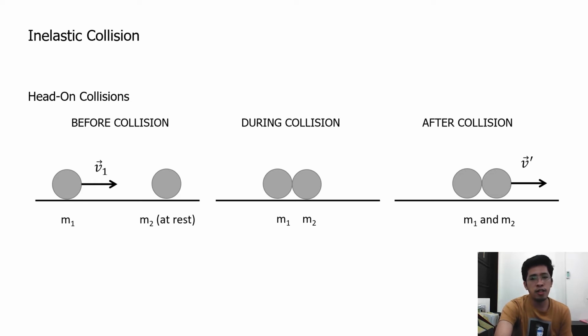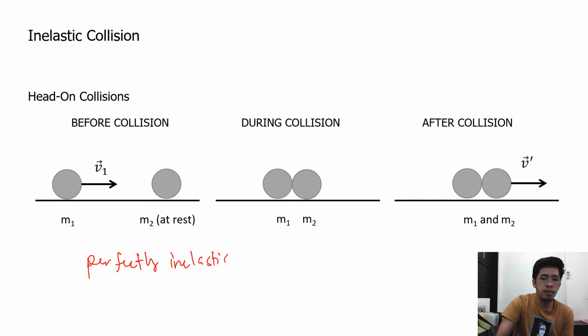They will momentarily interact during collision, and they will move together at the same velocity b. So again, this is an example of a perfectly inelastic collision. What's important here is you have to take note that the kinetic energy of your system for an inelastic collision is no longer conserved.